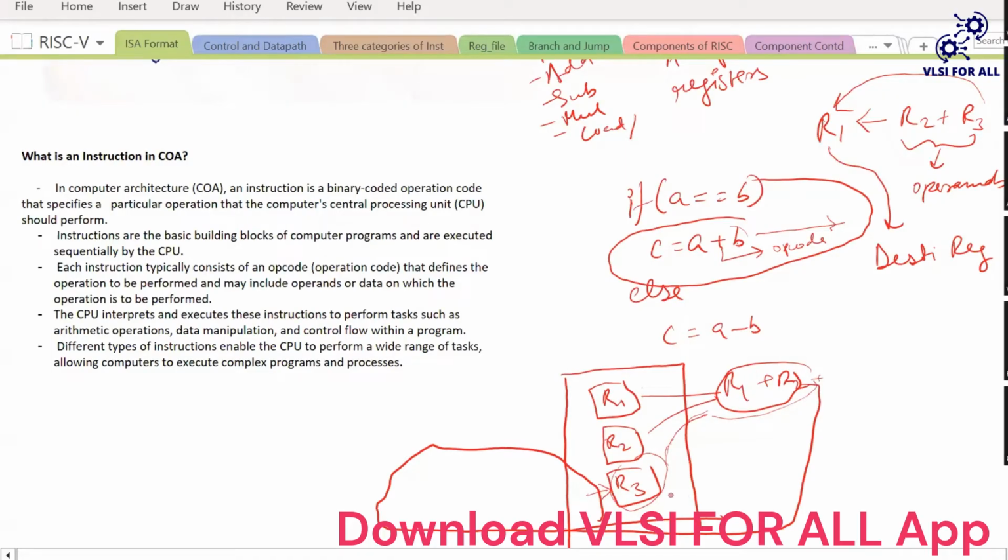This is a bit confusing. If there's R4, these two get stored in R3.